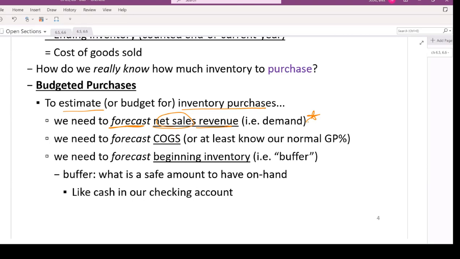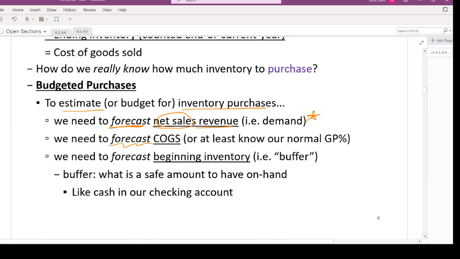Now from there, can we provide a supply to meet that demand? We're going to use net sales revenue as well as some other information to forecast cost of goods sold and forecast what the beginning inventory needs to be to make all of this happen. There's a series of calculations.